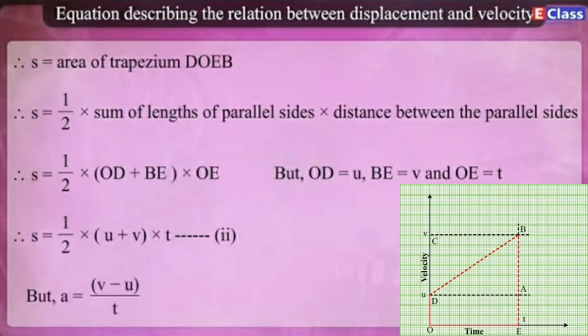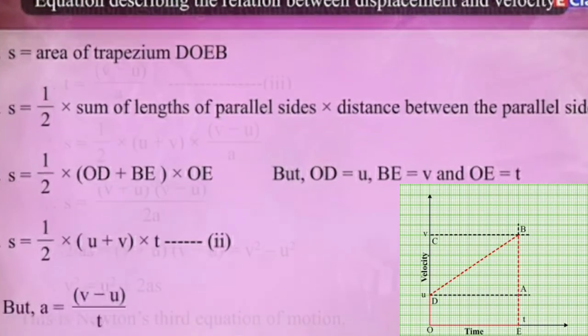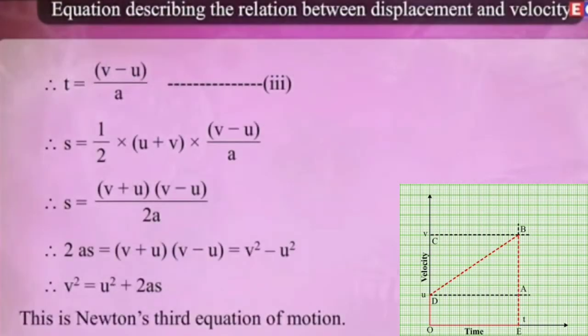But we also know a is equal to V minus U upon T. This formula is for acceleration. So rearranging the terms, we get T is equal to V minus U the whole upon a.